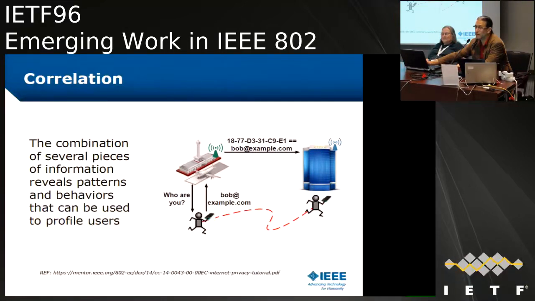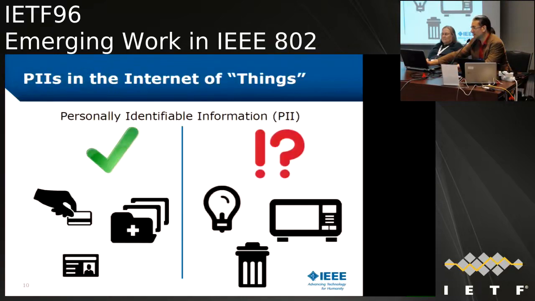In the case of Wi-Fi, phones also broadcast the SSIDs of networks where they have been connected in the past, so you most likely have in the SSID, in the clear, the name of your organization, the company you work for, or your home, etc. So we definitely don't want people to know that a user is not at his home, or that he has worked at a place, or he visited a coffee shop in the past. So the way we do that is by identifying what the PIIs are in the Internet of Things in this case.